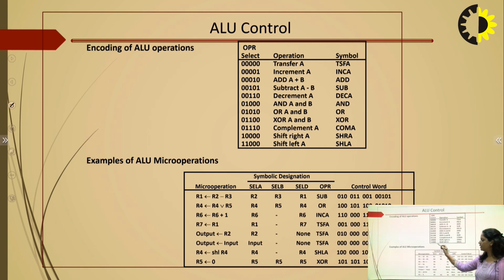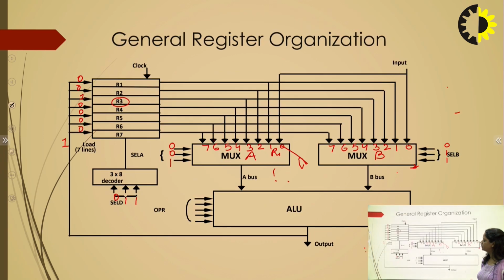So right now in this example, we are performing an addition operation, and for performing addition operation, what will be the operation code? That operation code is 00010.